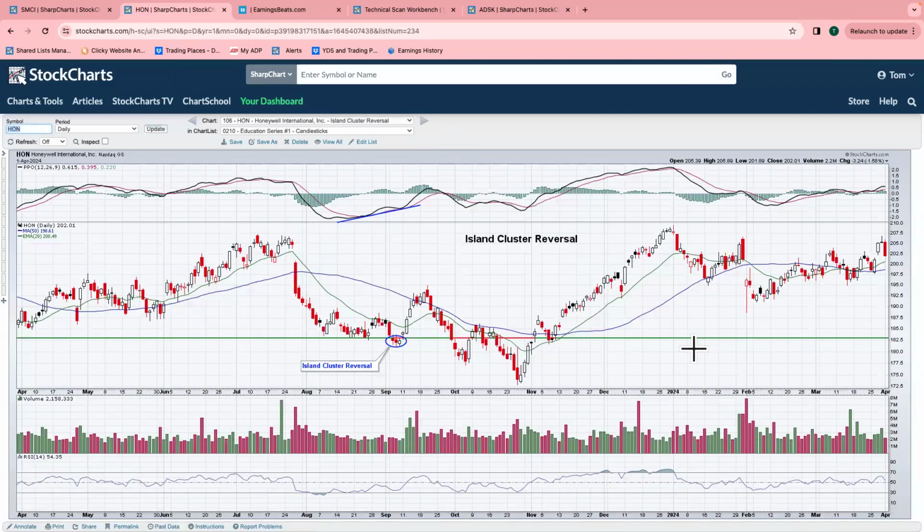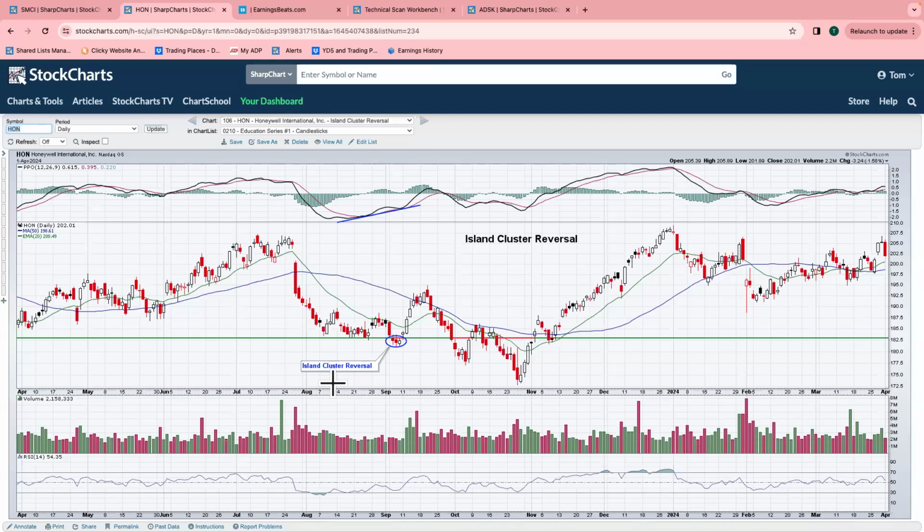Now here is an island cluster reversal. This one's kind of interesting because we're downtrending. We gap down below support for all three of these candles, and then we gapped back up. And this time, instead of leaving one candle on an island, we're leaving three. Anything more than one is an island cluster.